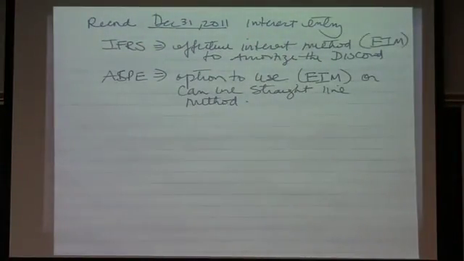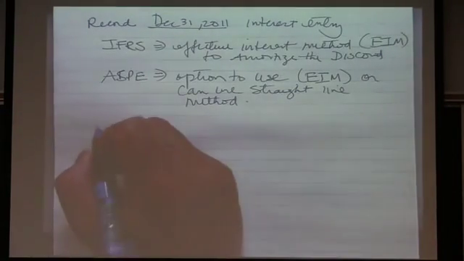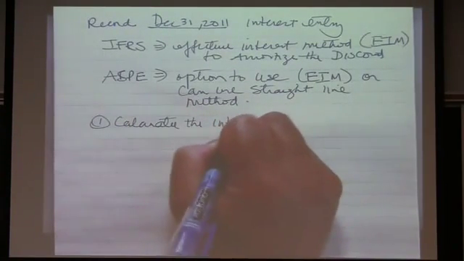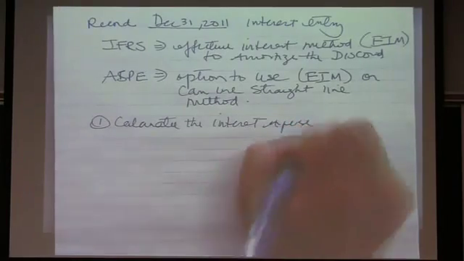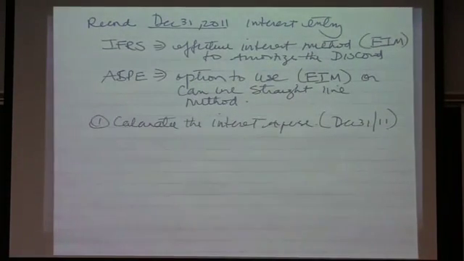So for December 31st, we need to determine the interest expense. Under the EIM method, the first thing we need to do is calculate the interest expense. And to calculate the interest expense for December 31st, 2011, we need to determine the last time interest was paid. And the last time interest was paid was the date of issuance. We never paid interest.